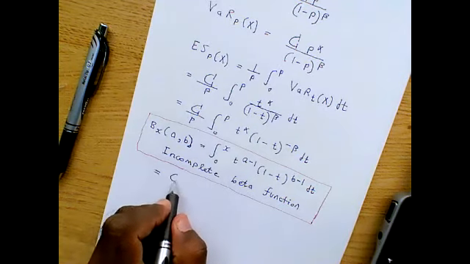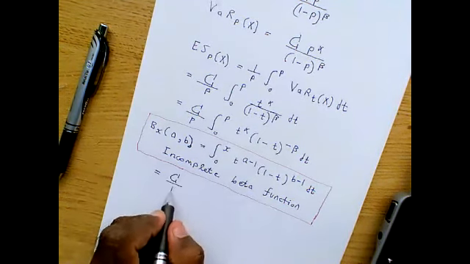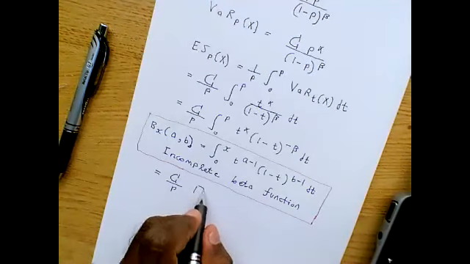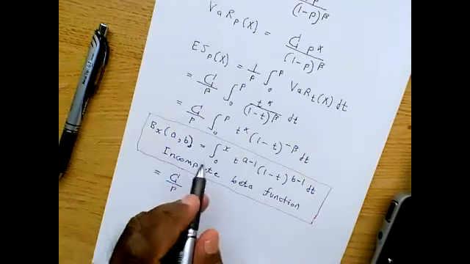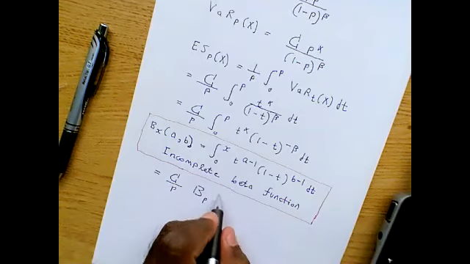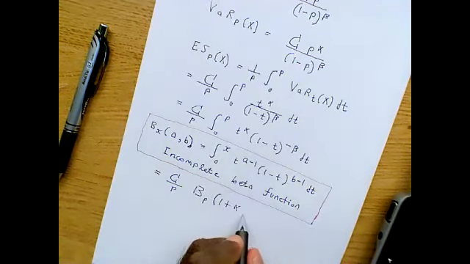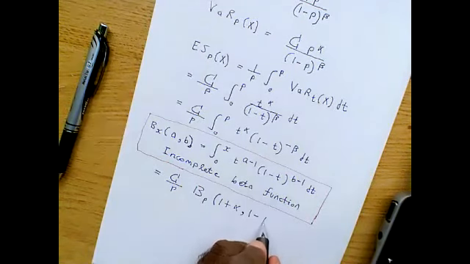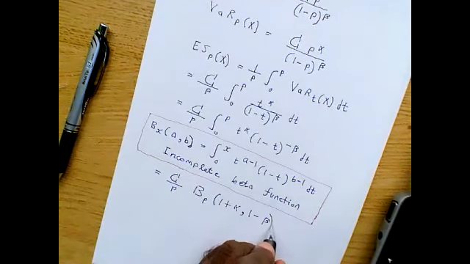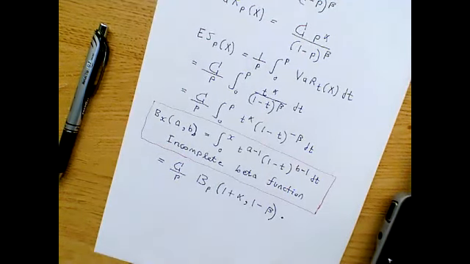It will be C divided by P, the incomplete beta function, where your X is P, your A is 1 plus alpha, and your B will be 1 minus beta. So this is the expression for the expected shortfall. All right, guys, so this completes the tutorial sheet.